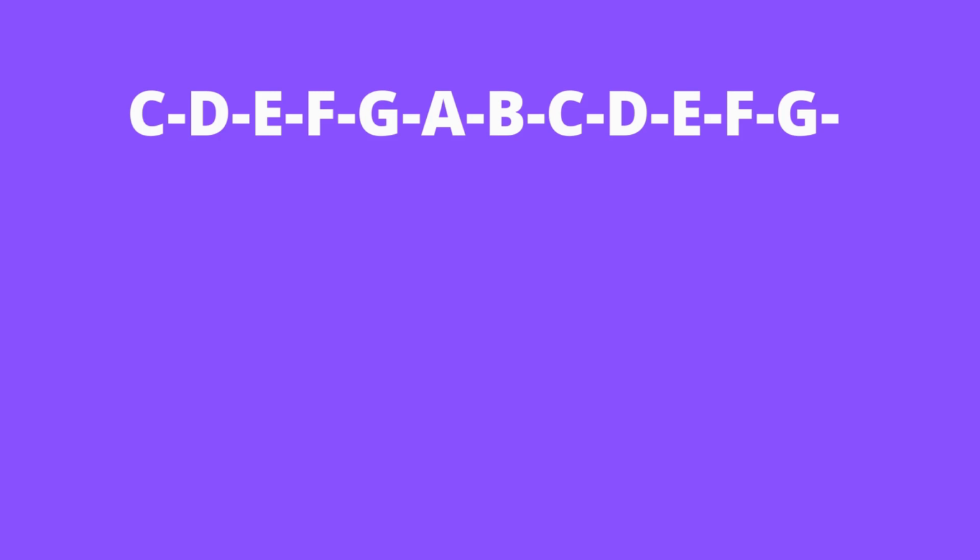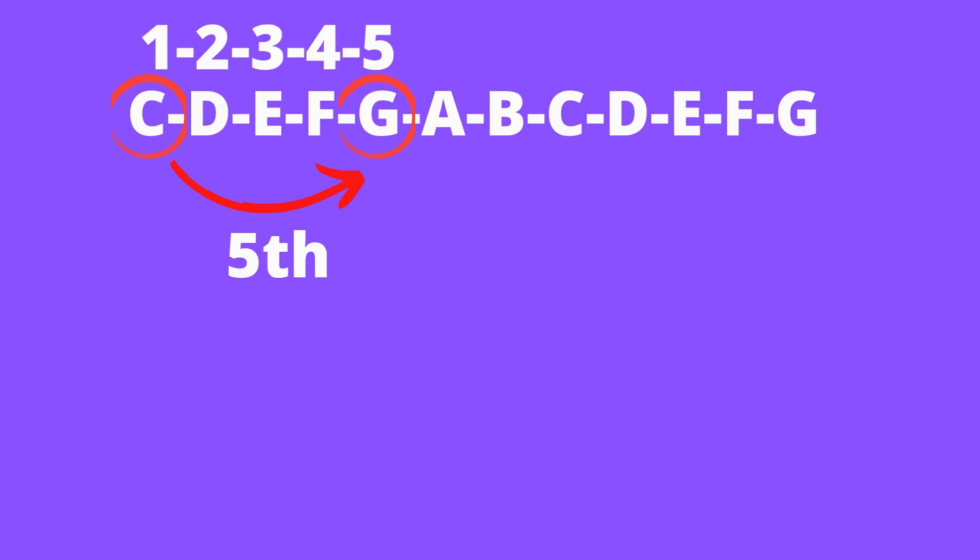It doesn't matter at this step to distinguish a C from a C sharp, for example. Then count the number of steps on a diatonic scale between the 2 pitches in question, including both pitches in your count. This gives you the generic interval. So, for example, we will have a second, third, fourth, fifth, sixth, seventh, and so on.